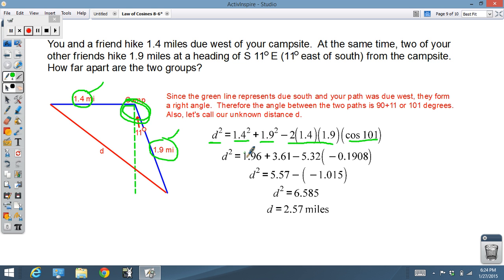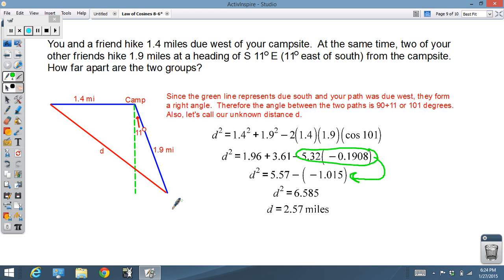Okay, once again, simplify 1.4 squared, 1.9 squared, simplify that to get 5.57 minus 5.32. Next, we multiply these two parts together to get negative 1.015. Then we add, we take the square root, and we find that D is 2.57 miles.